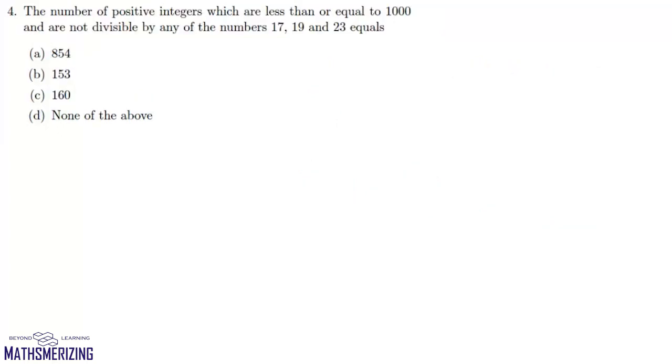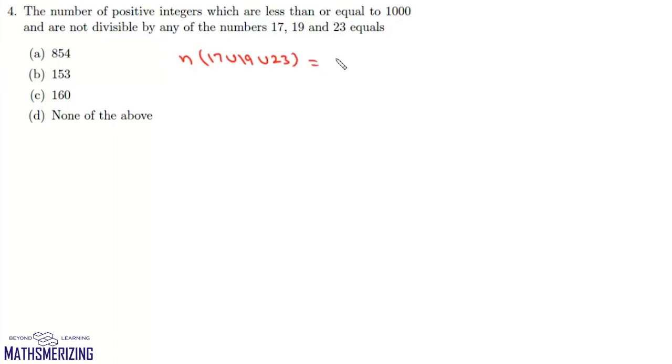Now question number 4 is, number of positive integers which are less than or equal to 1000 and are not divisible by any of 17, 19 and 23. So what we'll do is, first we'll find the number of numbers which are divisible by either 17 or 19 or 23.